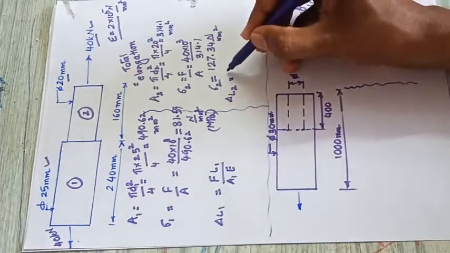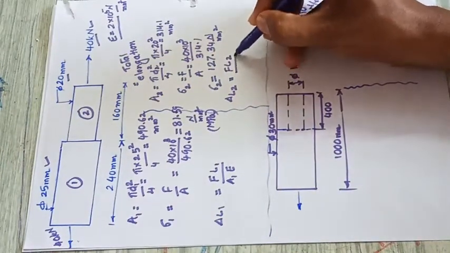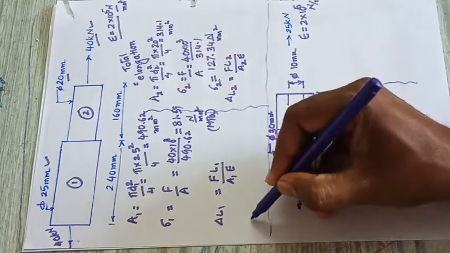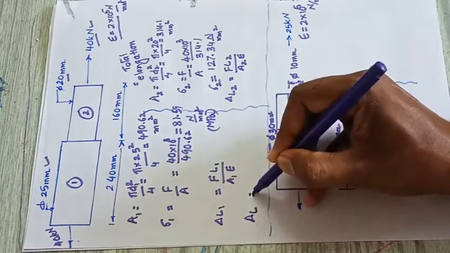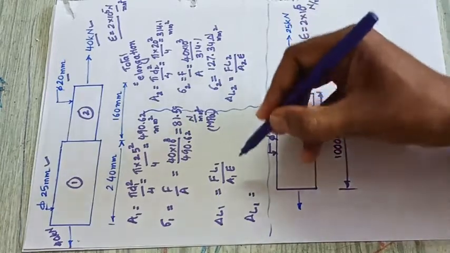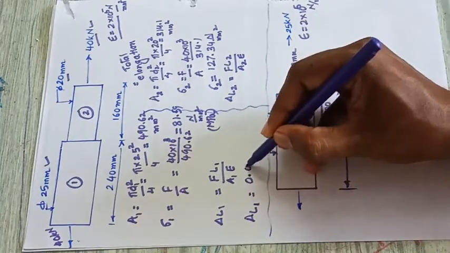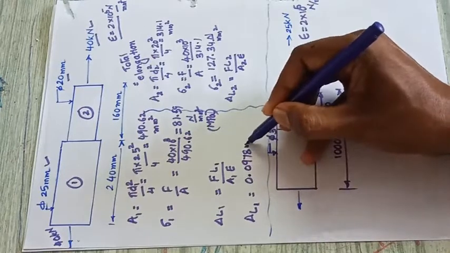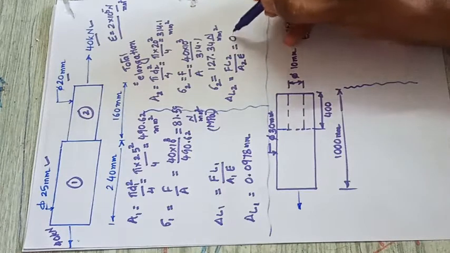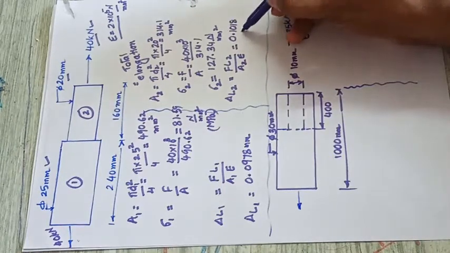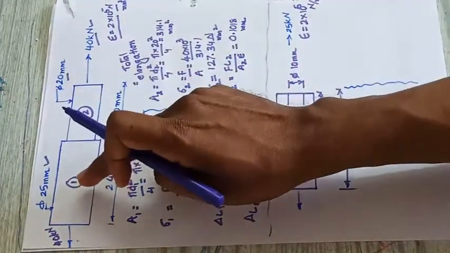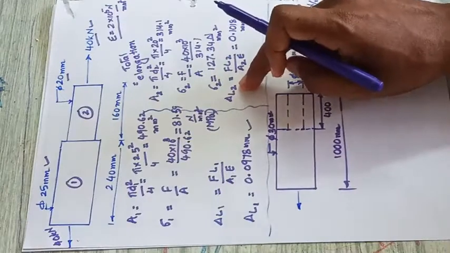For the second portion it is F L2 divided by A2. Therefore I will substitute all the values, and I get delta L1 as 0.0978 mm and delta L2 is equal to 0.1018 mm. These two values are the elongation in portion 1 and portion 2.